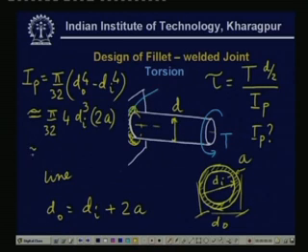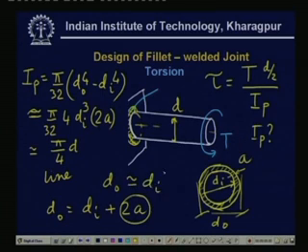So, that is approximately equal to pi by 4 d cubed times a, where do is almost equal to di, and d is called the average diameter. So, this is now the polar moment for this thin strip.